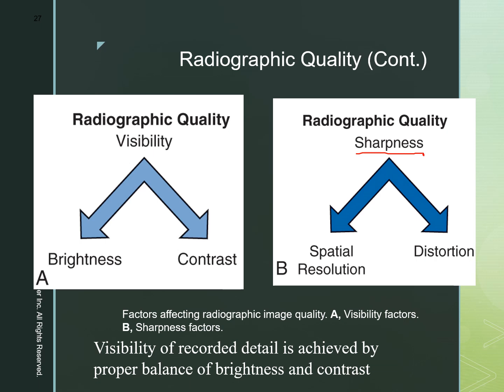So if you have a lot of quantum mottle, or too much fog or scatter, then you're never going to be able to see the sharpness. So the visibility part, the brightness of the image, is going to allow the visibility of the sharpness, but it's not going to determine the sharpness or the resolution. That is only determined by the geometric properties.